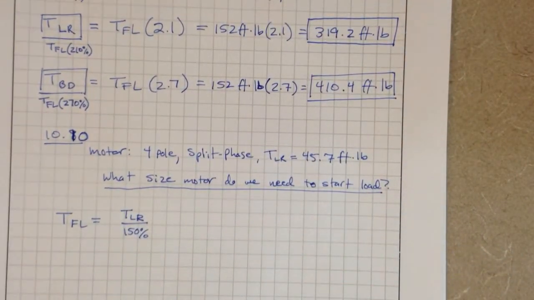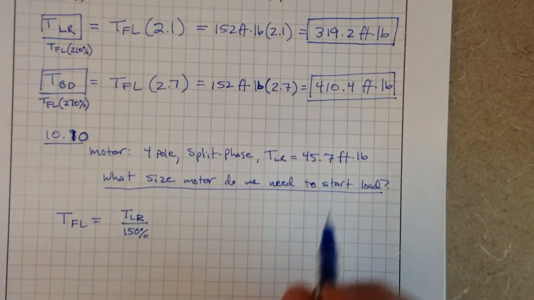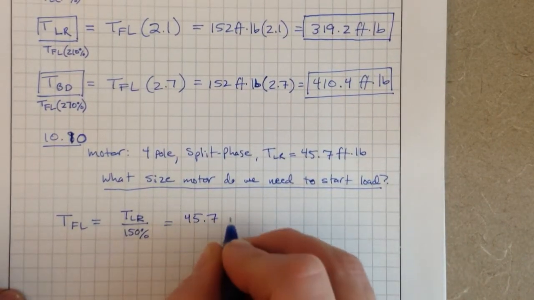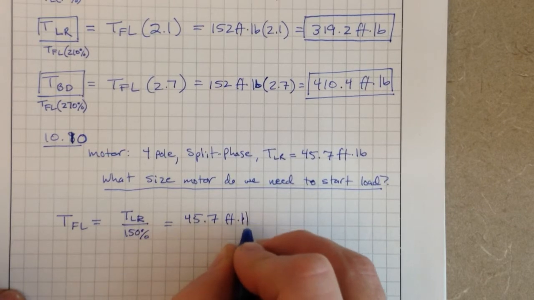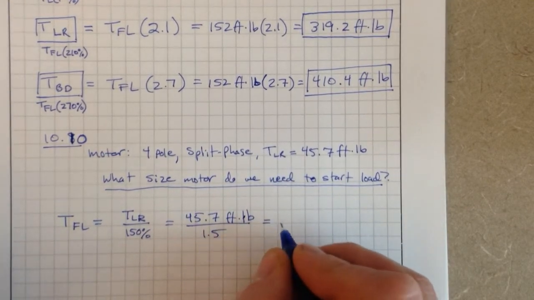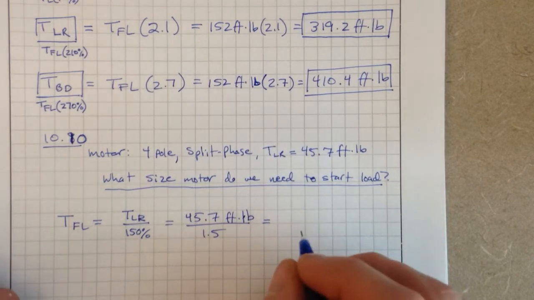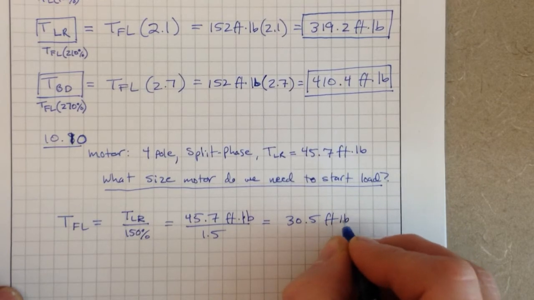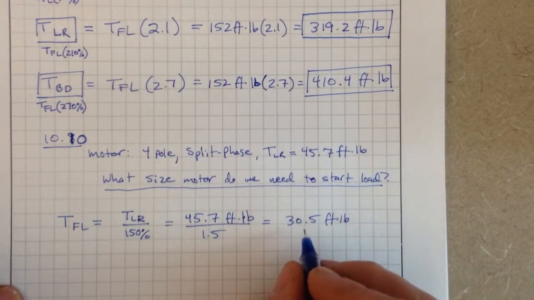So looking at that, we can look at locked rotor here, 45.7 foot-pounds divided by our 1.5 gives us our 30.5 foot-pounds. That's our full load torque.